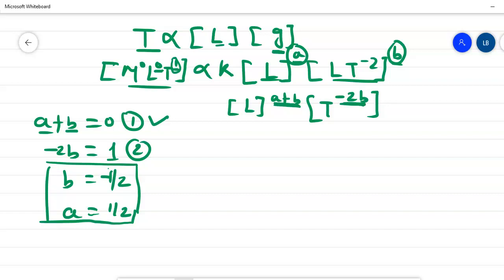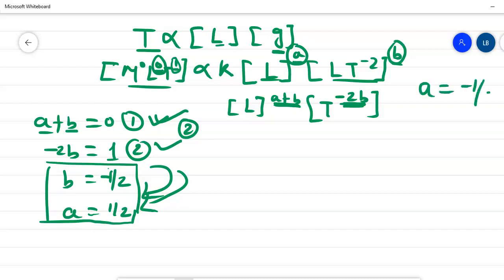Left hand side L to the power is 0, so A plus B is 0, and T1, so minus 2B equal to 1. So I got two equations, and after solving them, I got the values of A as plus half and B as minus half.